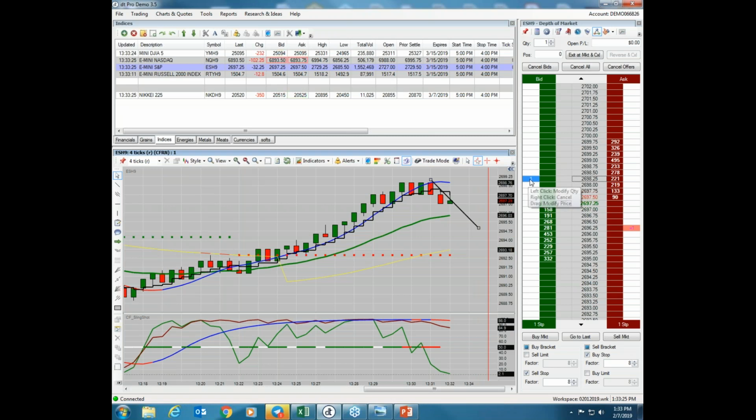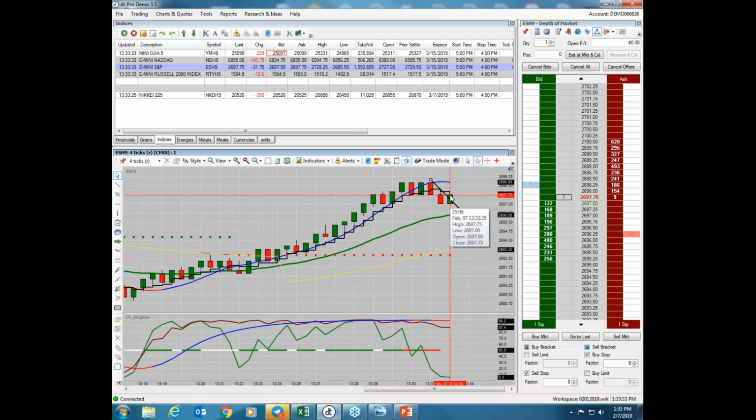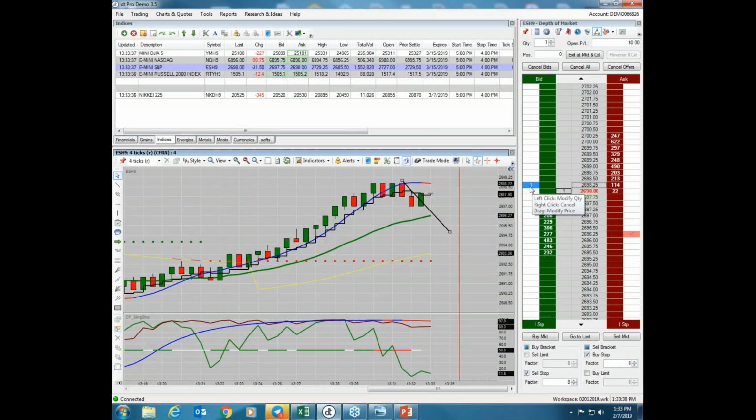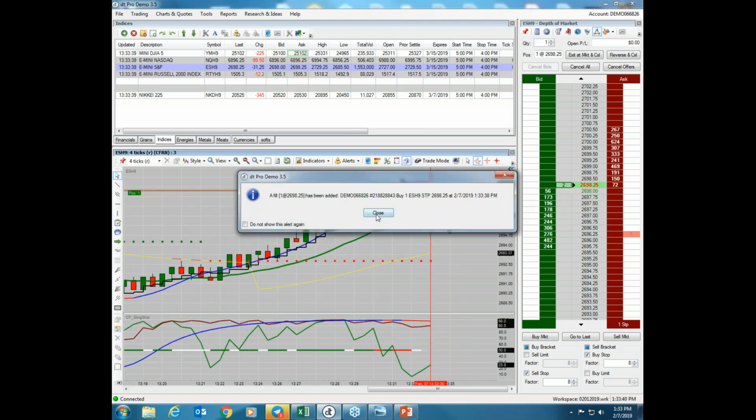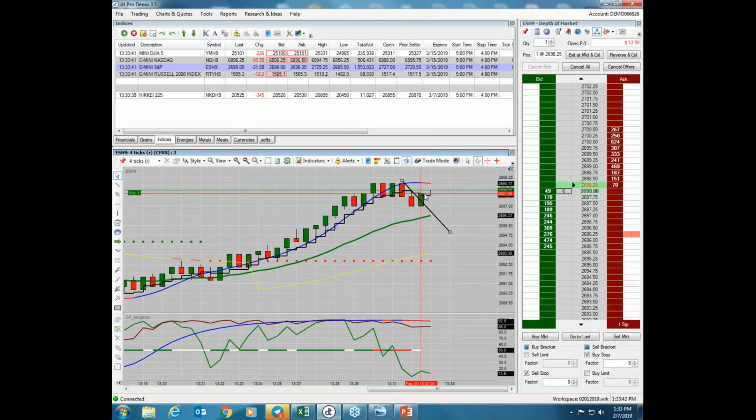That is how he's being proactive. So 98.25 lights the match. Okay, that's the close. All right, so there is the long entry on the close of that candle.